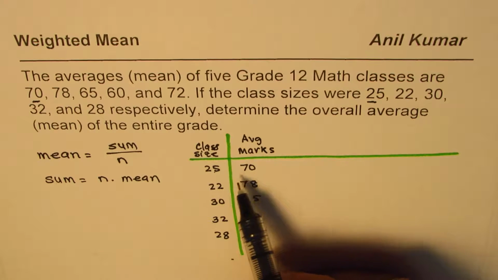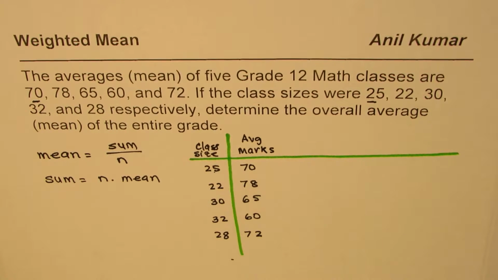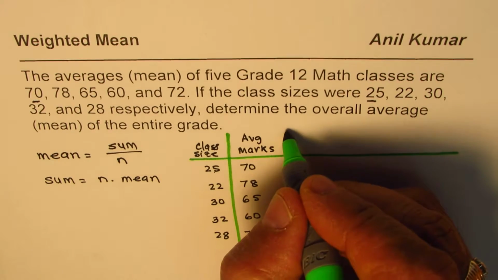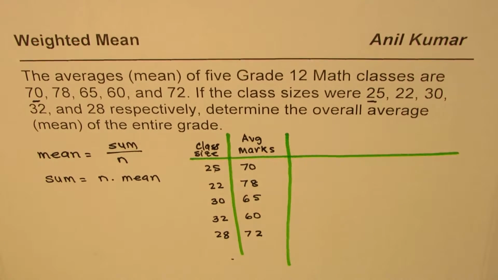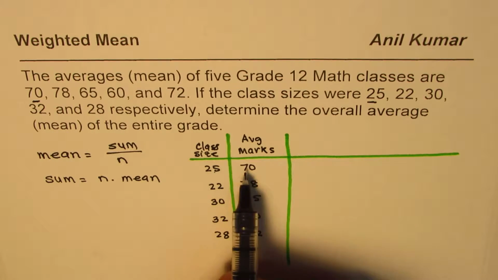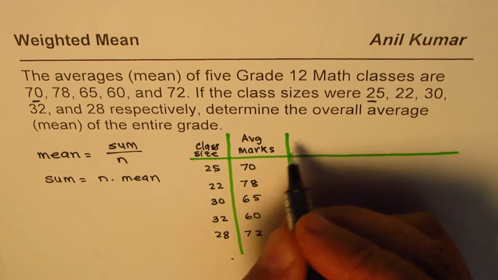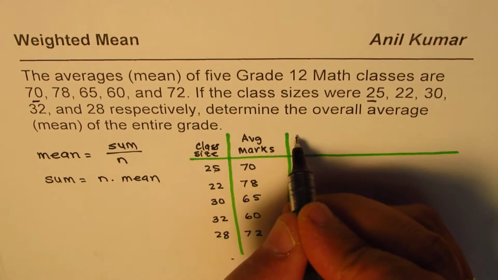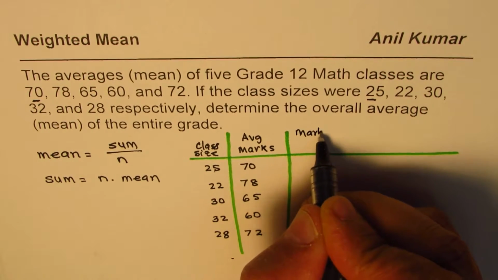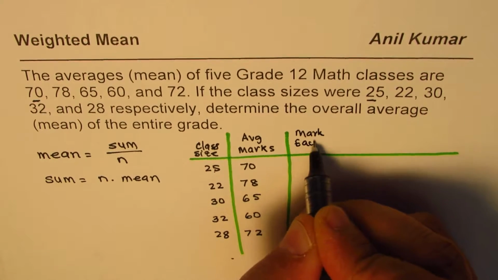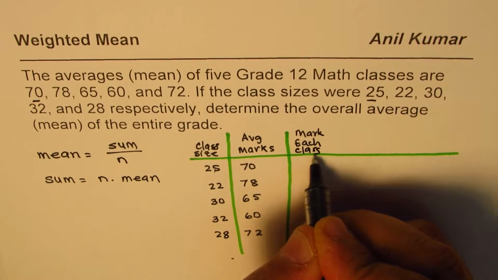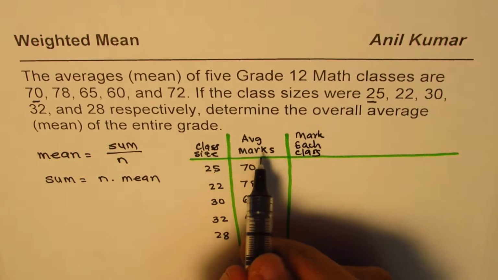So what is the total number of marks which each class has got? That is of our importance. And how can we get that? We could get it by multiplying the class size with the average, right? So marks for each class is the product of class size and average marks.